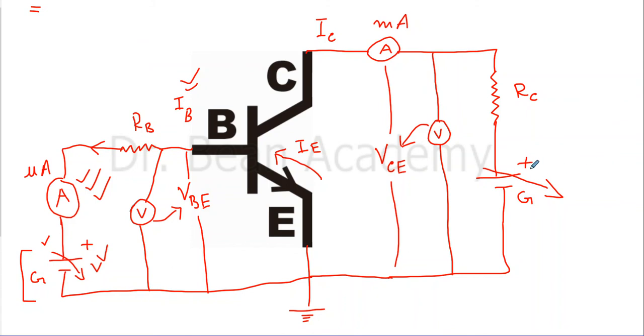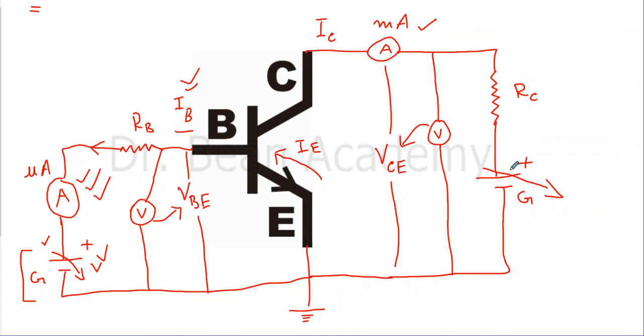So this setup which I have just discussed can be used to get current gain, where for a small base current I get a high current at the collector. So this setup is basically made for current gain.